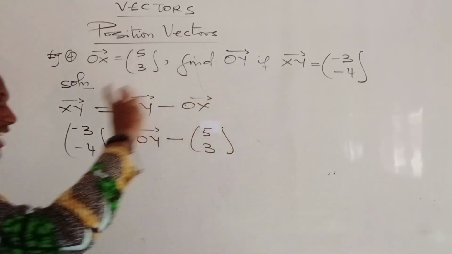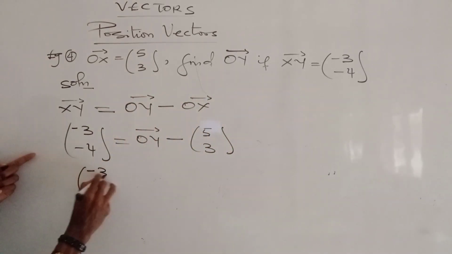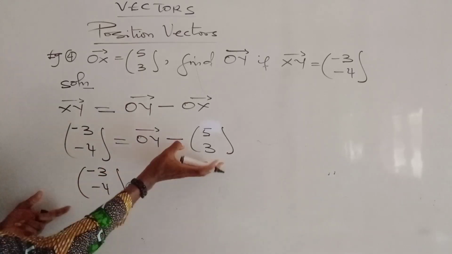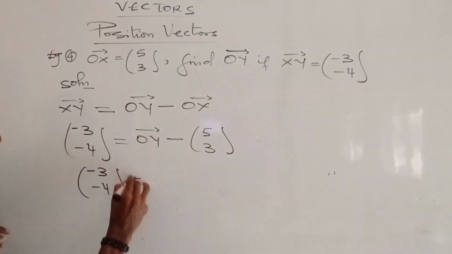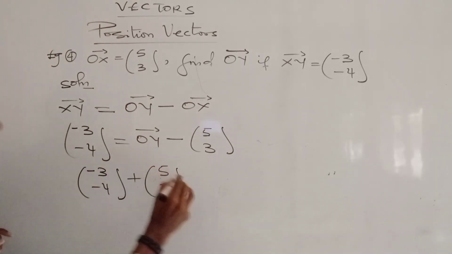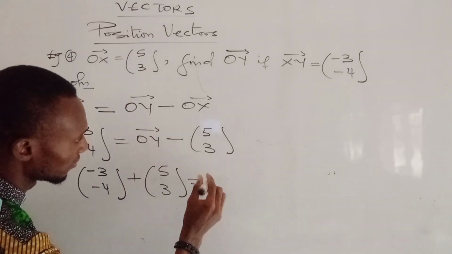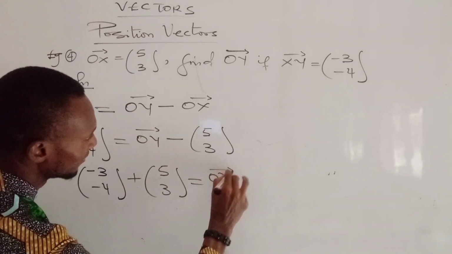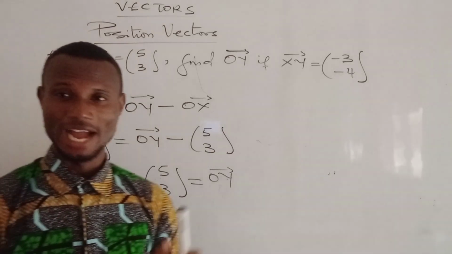When it crosses the equal sign, it becomes positive. So I'll maintain my -3, -4 here, and this one will cross the equal sign to join it, and becomes plus 5, 3, equal to the vector OY that I'm looking for. I hope you understand and you agree with me up to this point.